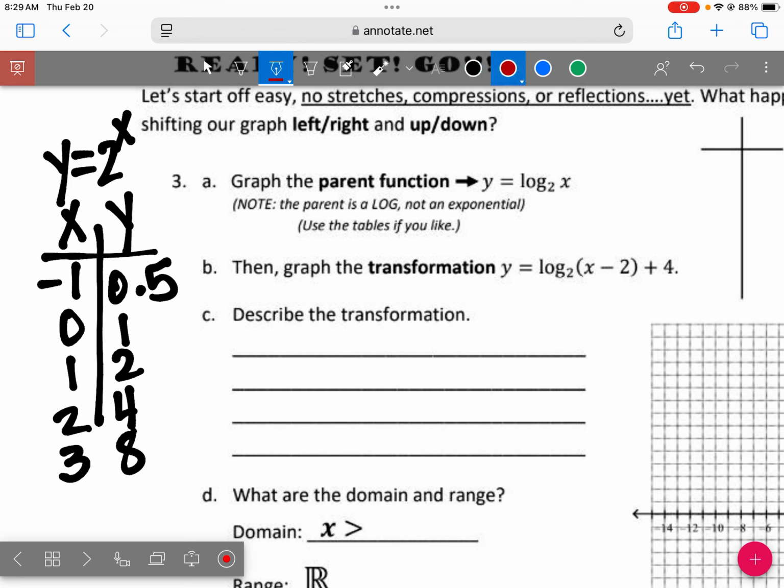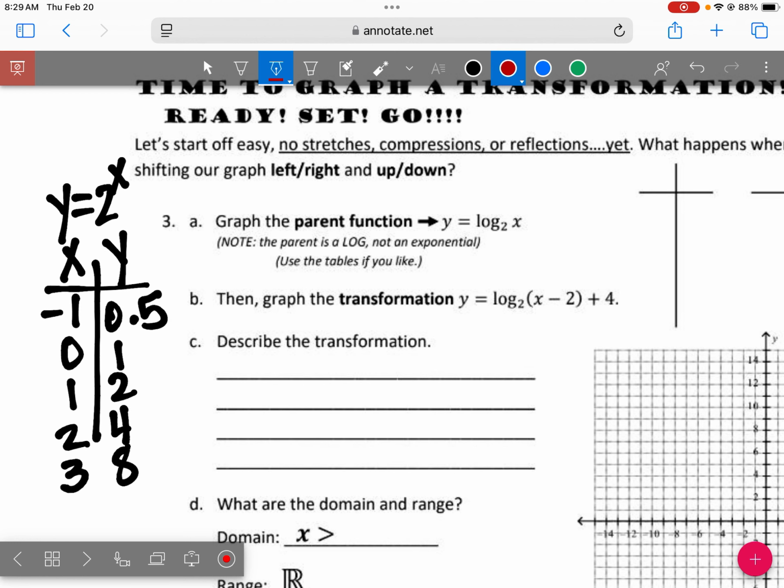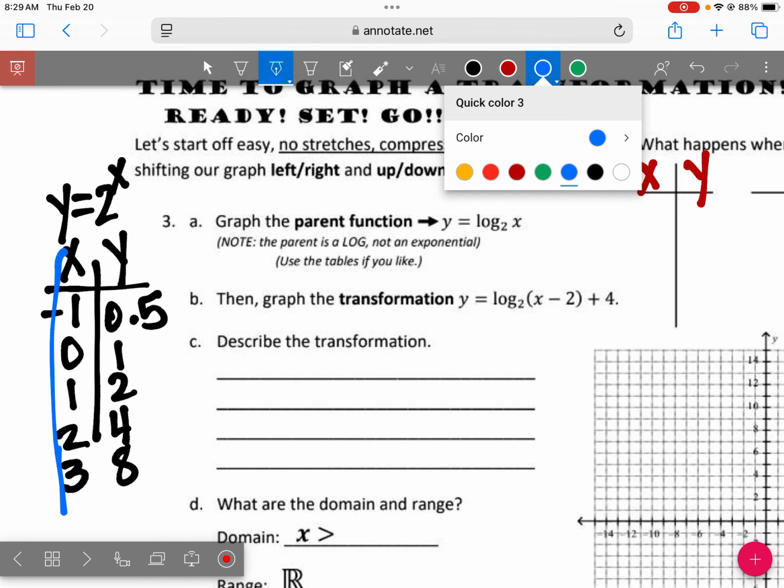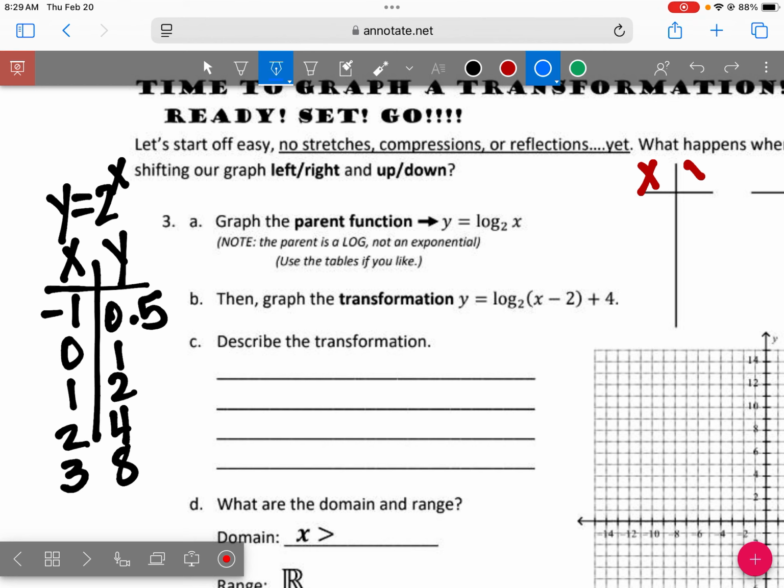So then we're going to take and do the parent. So when you graph the parent, remember, you switch x and y. So I want you to take all of these numbers and I want you to write them here. And then I want you to take all of these numbers and I want you to write them under x and then graph it again.